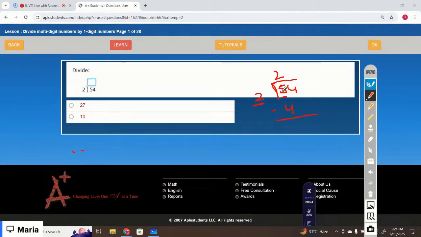So you always go for the smaller number. 5 take away 4 is 1. 1 is less than 2, you cannot divide. You need to bring the next digit down. So 2 times what number is 14?